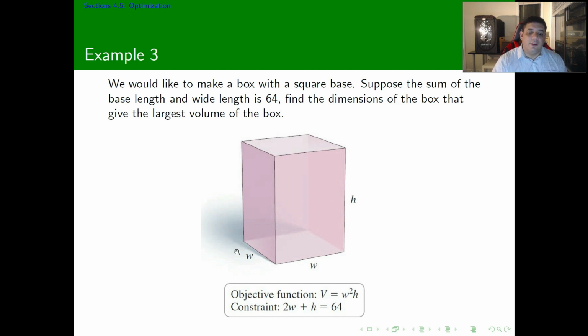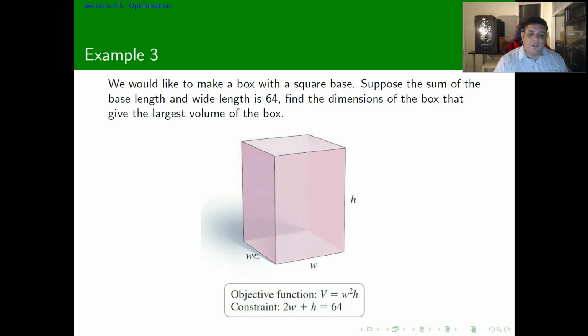Okay, so the objective function, of course, is going to be the volume, and the volume is given by W squared, which is the area of the base, times the height. So W squared times H. Now we do have a constraint that the sum of the base length and height needs to be 64.